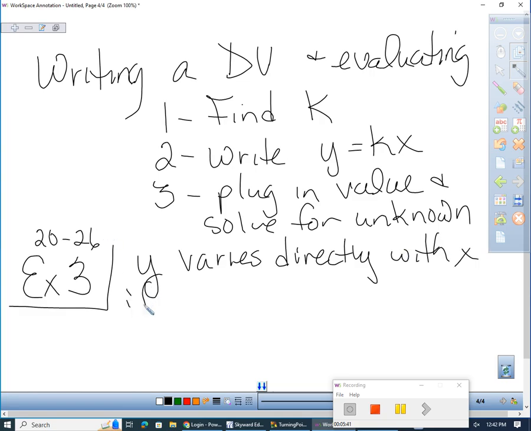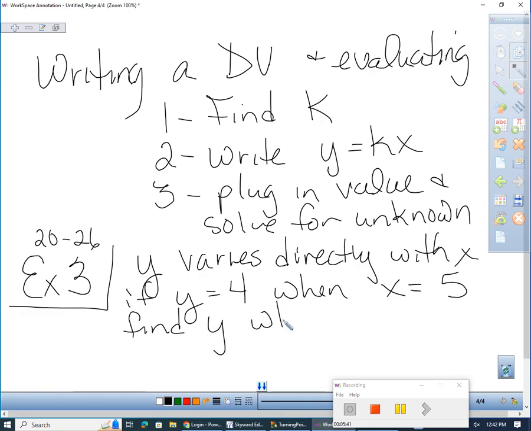If y equals 4 when x equals 5, find y when x equals 7.